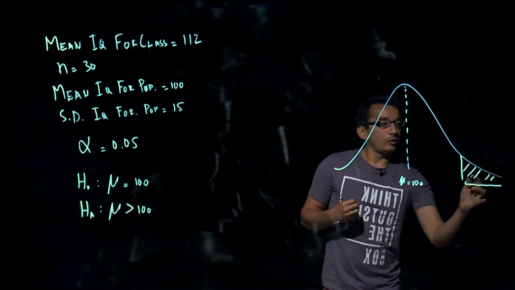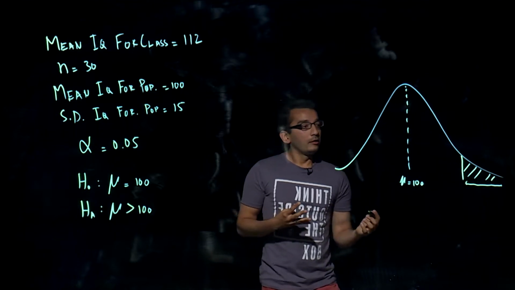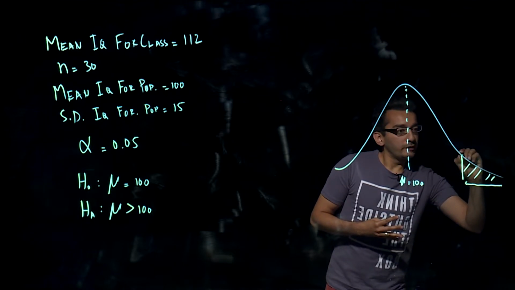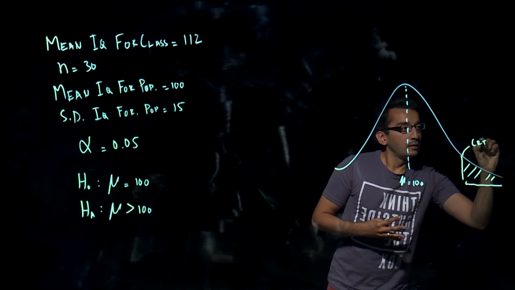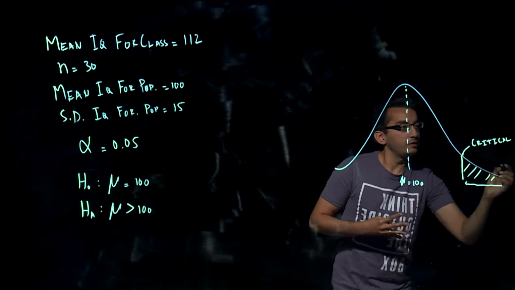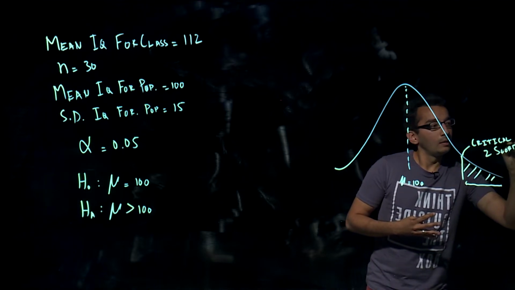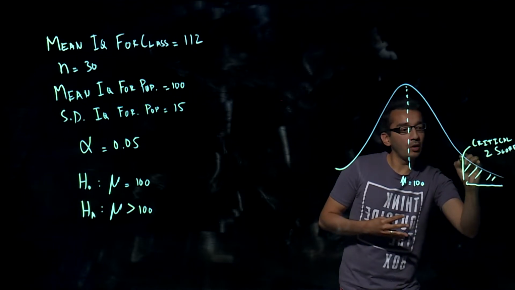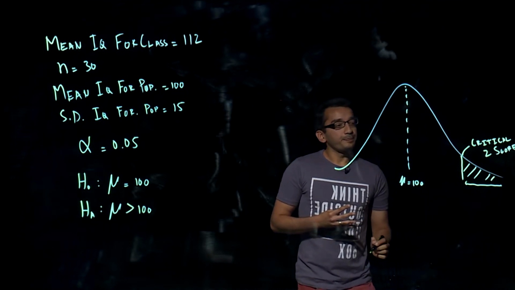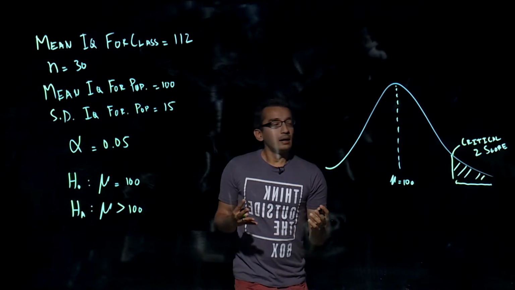So in order to figure out if our calculated z-score falls within this area, we also have to find out what this critical z-score over here is at the boundary of this 5% level of significance. And we can find this critical z-score by looking at the z-table.